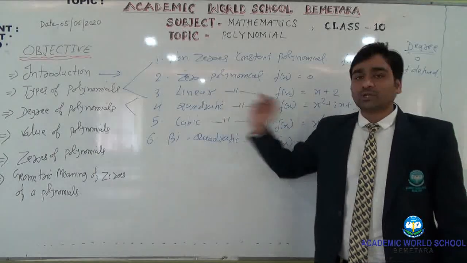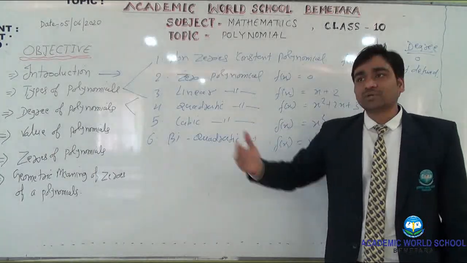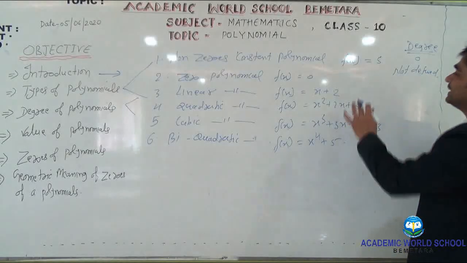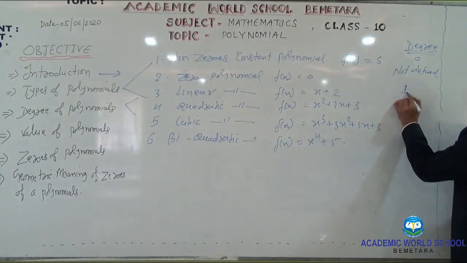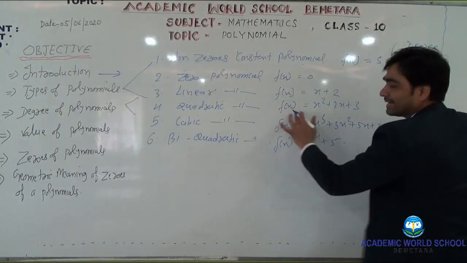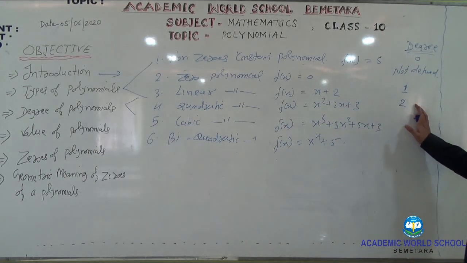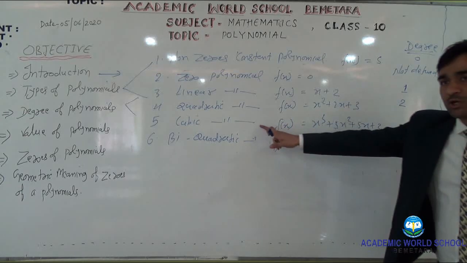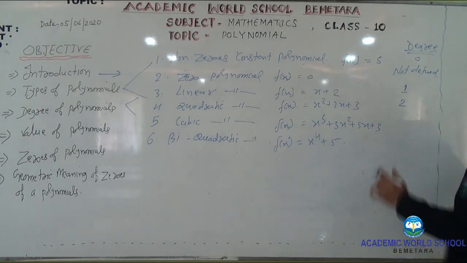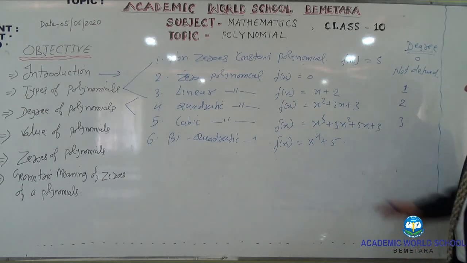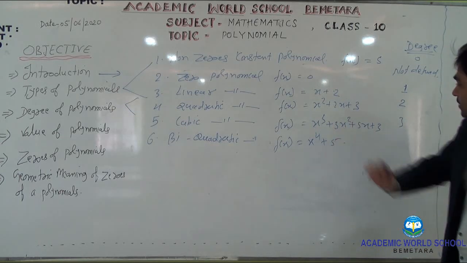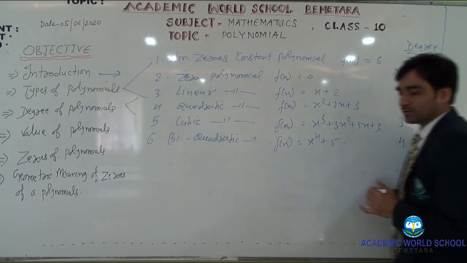After that, linear polynomial. The linear, as we have studied in class 9, the degree of this polynomial is 1. And in a quadratic, the degree of the quadratic polynomial is 2. And in a cubic, the degree of this polynomial is 3. And biquadratic, the degree of this polynomial is 4.